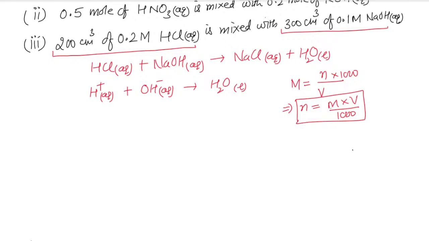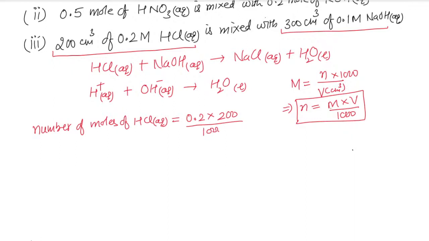So the number of moles of HCl is equal to molarity into volume in ml or centimeter cube divided by 1000.